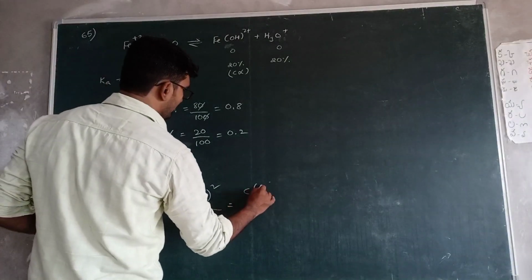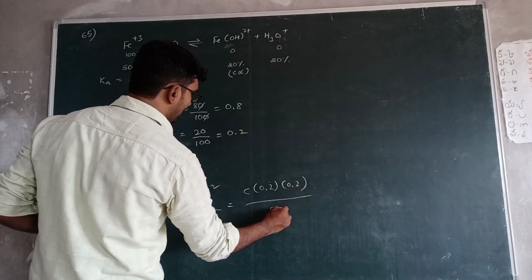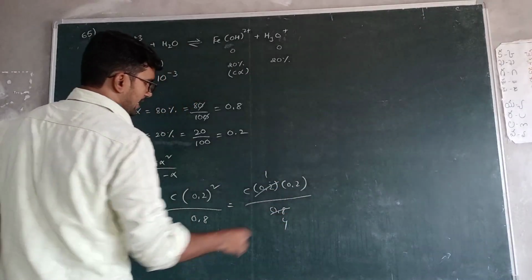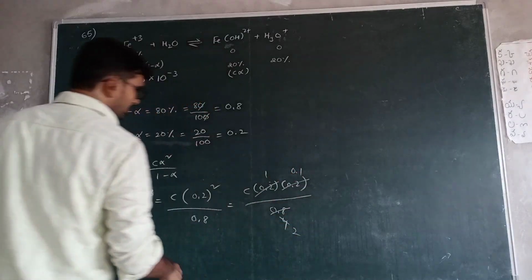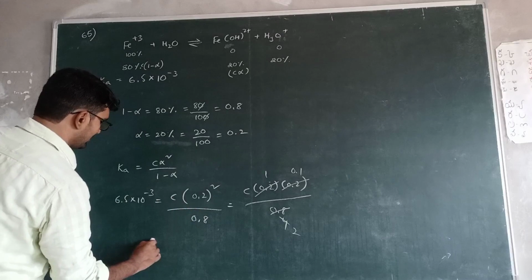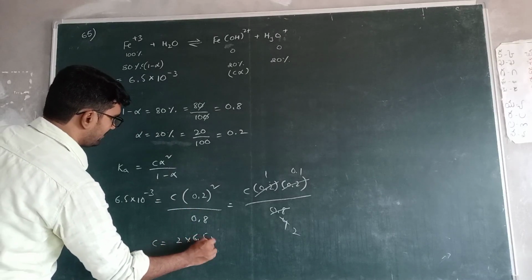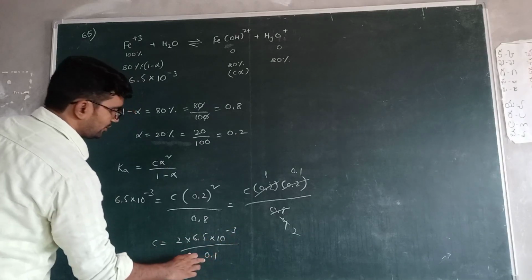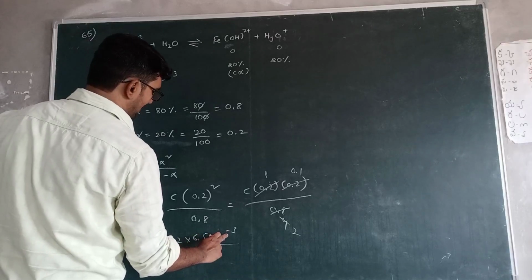So C into 0.2 into 0.2 by 0.8 gives C into 0.1. So C is equal to, moving these to this side, 6.5 into 10 to the power of minus 3 by 0.1. 0.1 means 10 to the power of minus 1, moved up it is 10 to the power of plus 1.